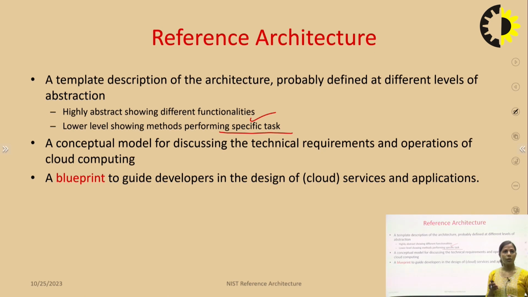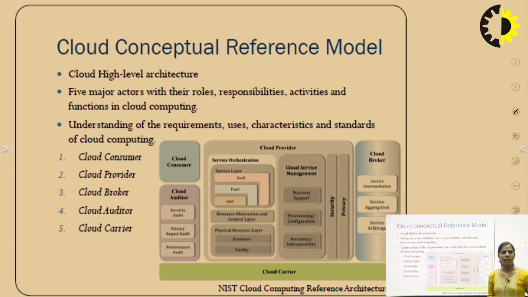How the components and the deployment architectures communicate with each other is described through this architecture. The cloud conceptual reference model has various roles; mainly it has 5 particular roles.